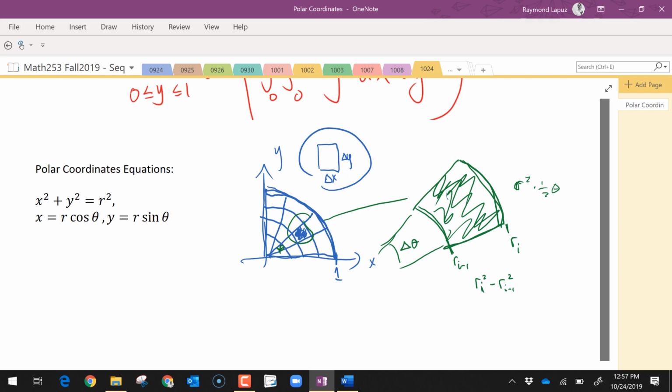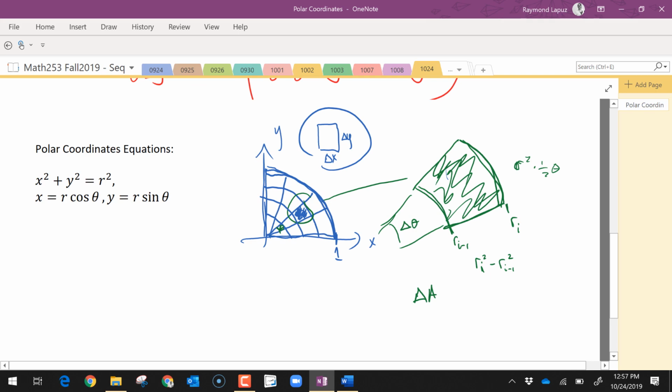So the area here, and I'll call it delta A, is going to be 1/2 delta theta times r sub i squared minus r sub i minus 1 squared.